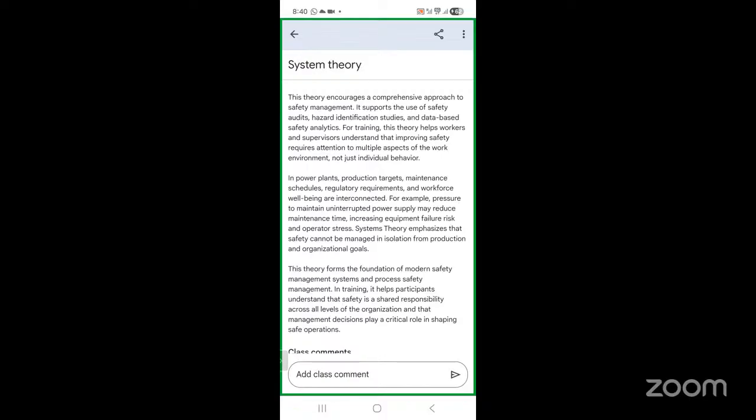So they are not interested in marketing. They give much importance to production.